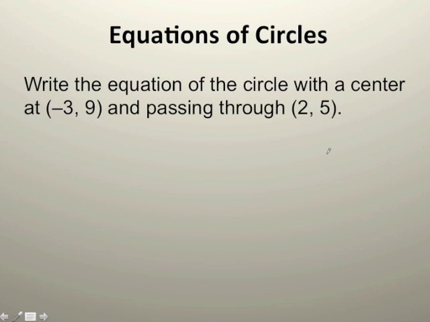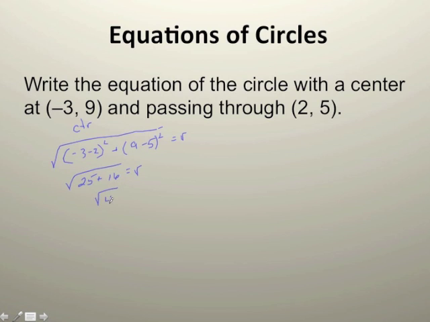Here we're going to do the same thing. They tell us the center, and they tell us a point it goes through. So negative 3 minus 2, squared, plus 9 minus 5, squared, will equal the radius. The square root of 25 plus 4 squared, 16, equals the radius.